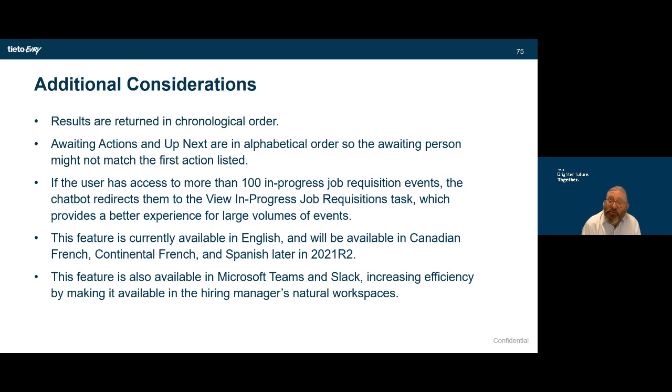It's currently available in English, Canadian French, Continental French, and Spanish coming soon. Other languages, not yet. They haven't confirmed anything yet about Finnish. And also, you can use this functionality directly from Teams and Slack. So that's really helpful for your guys if you're using Teams or Slack.